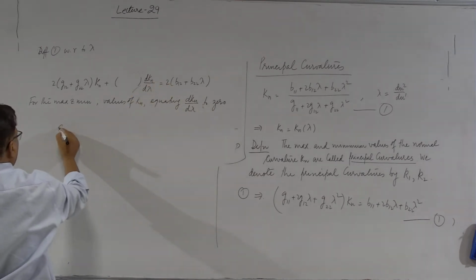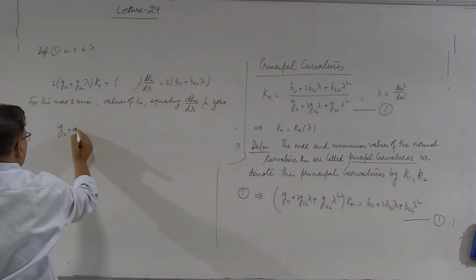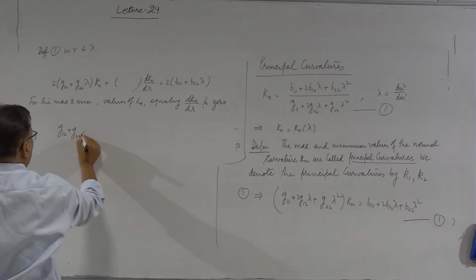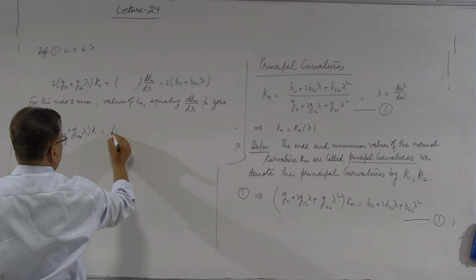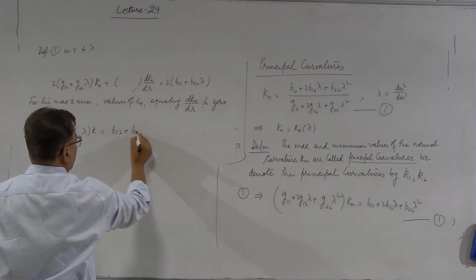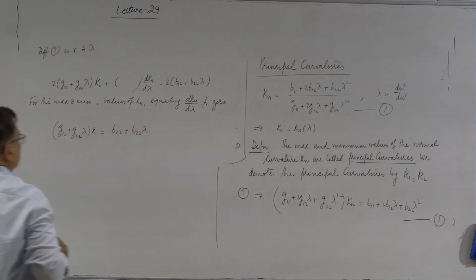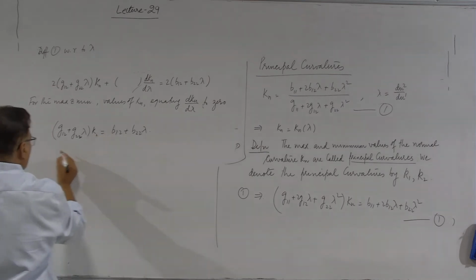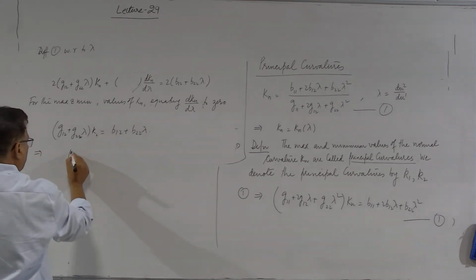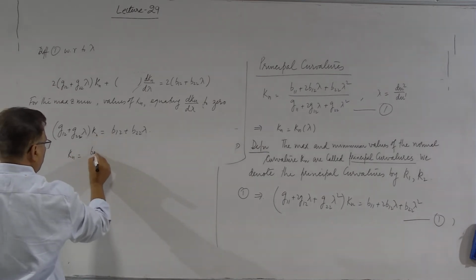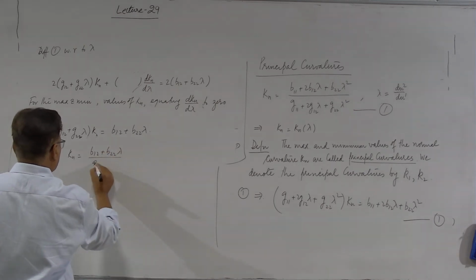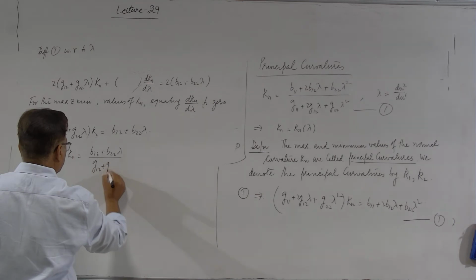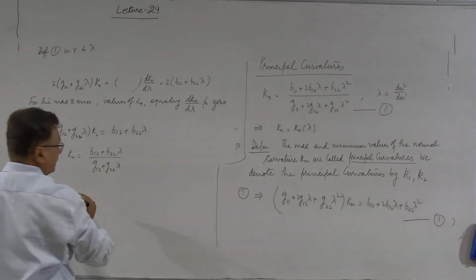So, you will be getting (G12 plus G22 lambda) into Kn equal to B12 plus B22 lambda, and this implies Kn equal to (B12 plus B22 lambda) upon (G12 plus G22 lambda). This is number 2.